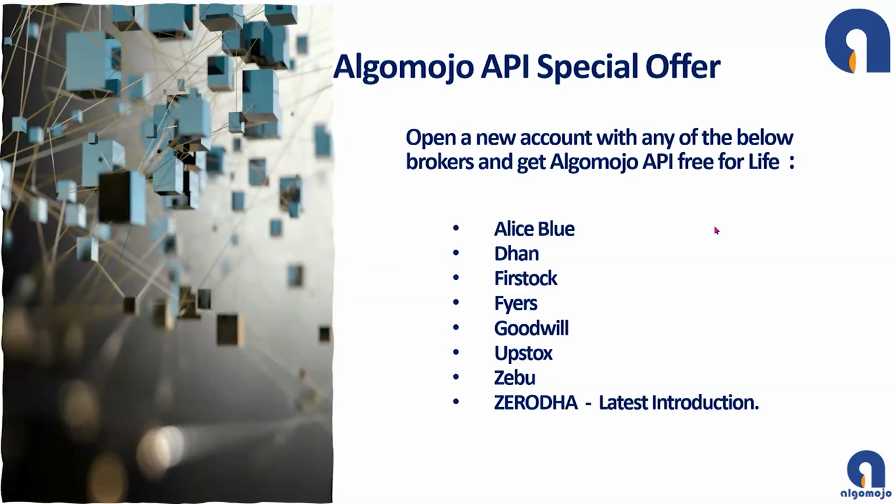Open a new account with any of these seven brokers, and you will get to use all the facilities and features available as of today, and what we are going to launch going forward will be available free of cost. There will be no additional charges. So the brokers don't charge anything for APIs, and the Algomojo platform also has no cost when you open a new account using Algomojo as the reference.